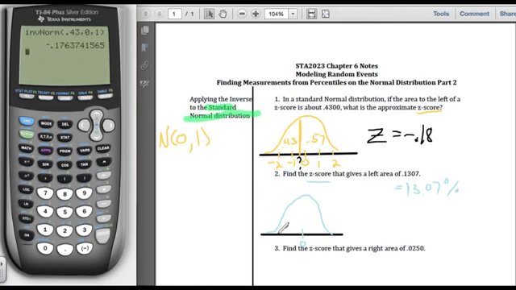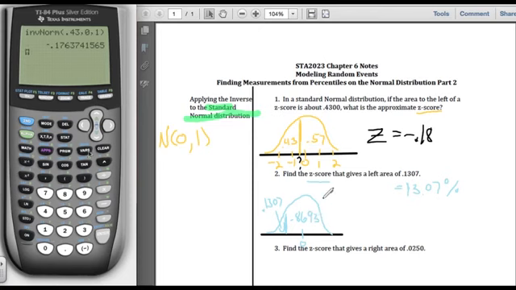So I'm looking at a very small left area. You could calculate the right side by subtracting from 1, which would be 0.8693. You don't have to, because all we need is the left-hand side.